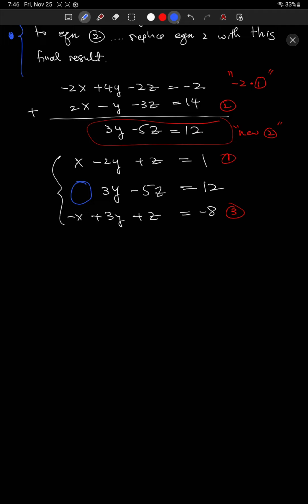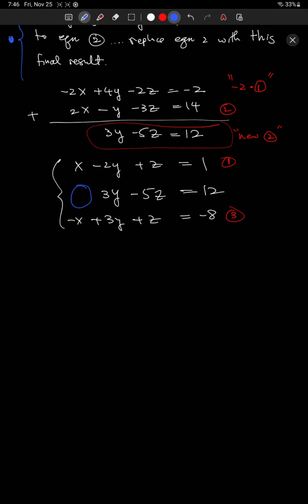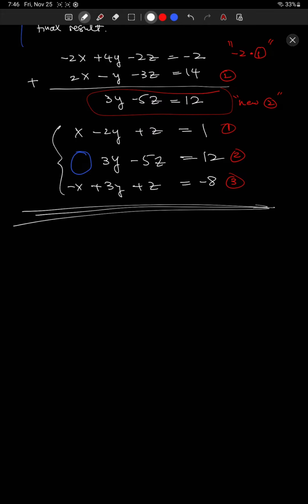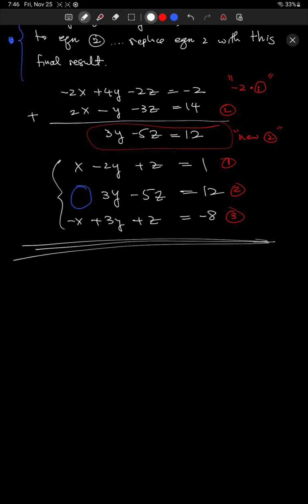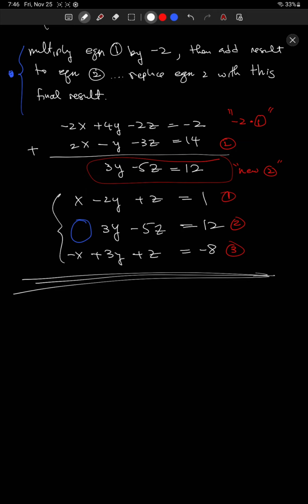Step 2, I'm going to do exactly the same thing, except the interaction will be between equation 1 and equation 3. I'm going to use equation 1 to clear the x variable in equation 3. Always I multiply the equation that I'm using to clear the other equations, in this situation the first equation.